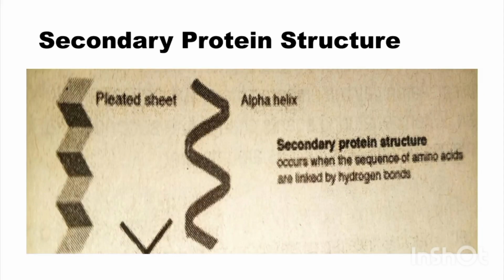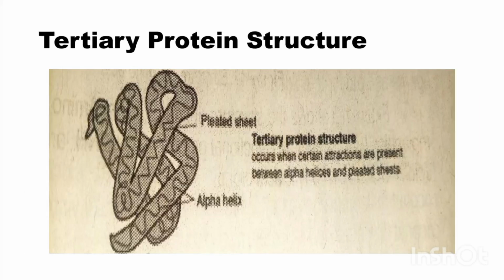Secondary protein structure occurs when the sequence of amino acids are linked by hydrogen bonds. These are the common protein folding, which are alpha helix and pleated sheets. Tertiary protein structure occurs when a certain attraction is present between alpha helix and pleated chains.